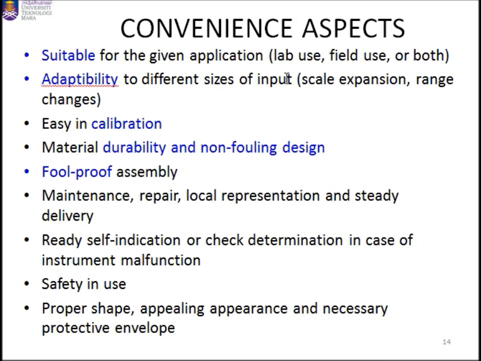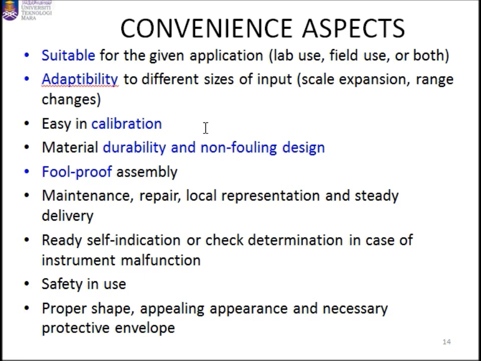Next is the convenience aspect. What is the application of the instrument? Lab use, field use, or both? The suitability. And next, can the instrument adapt to different size of input, scale expansion, range change?